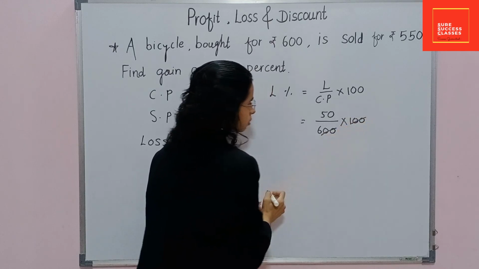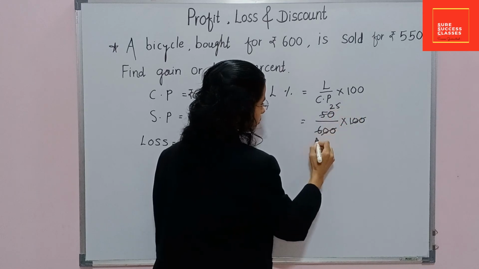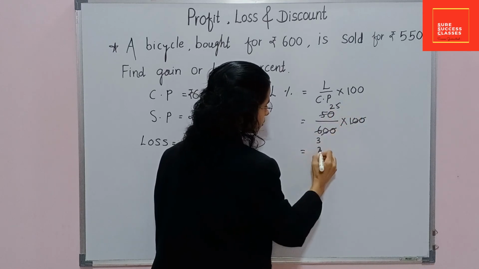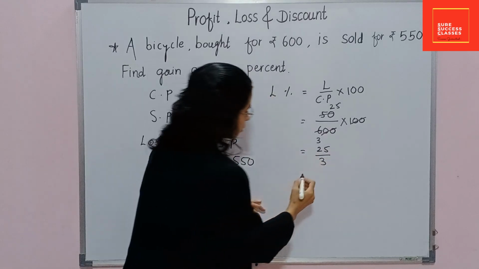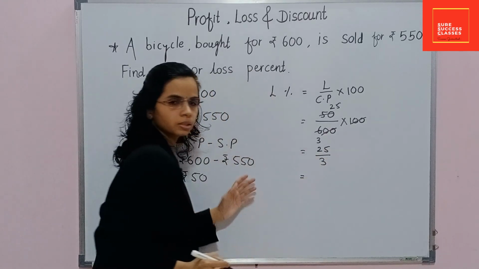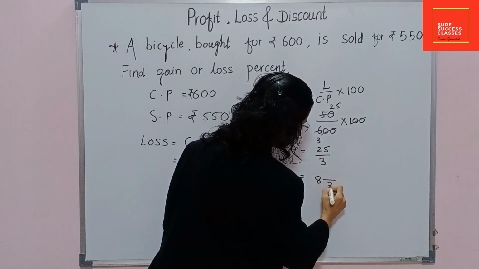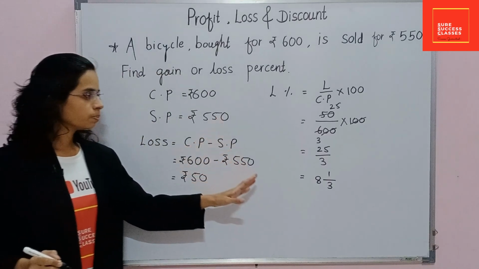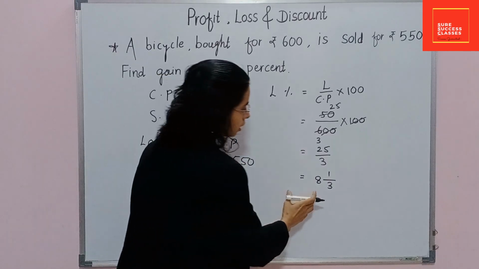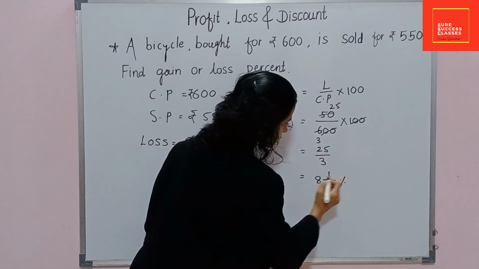Zeros cancel out. Here 25 divided by 3. We will find it in terms of a mixed fraction. 3 8s are 24 and 1 remaining, which means loss in percentage is 8 and 1 by 3%.